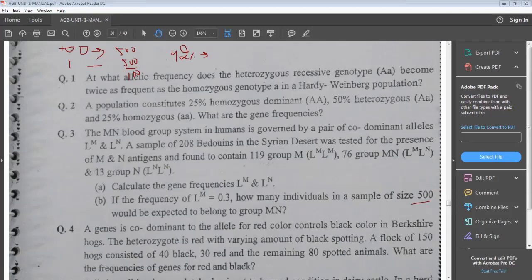So that is 500 by 100 multiplied by 42, which is equal to 42 multiplied by 5, that is 210. So out of 500, 210 individuals were having MN blood group. Now we'll move forward.